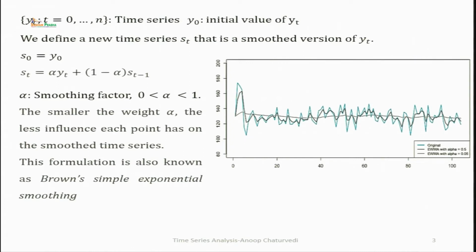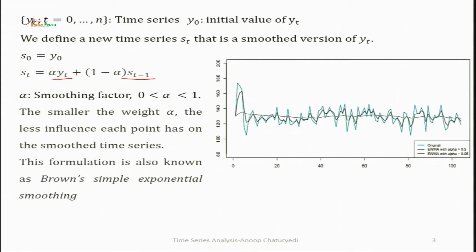So, in this method, what you are actually doing, this S t minus 1 is the smoothed value for the previous period, for the period t minus 1, and this y t is the current observation of the time series, and then you have taken a weighted average of these two, alpha y t plus 1 minus alpha S t minus 1.